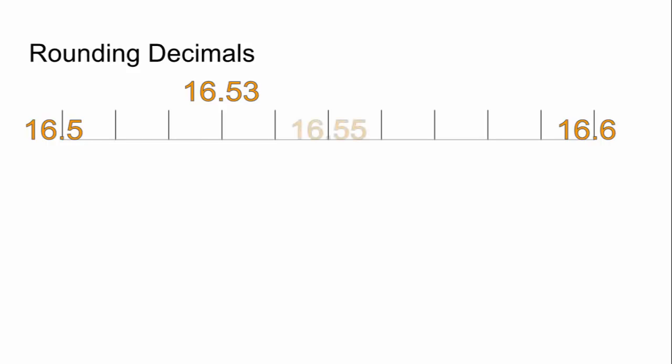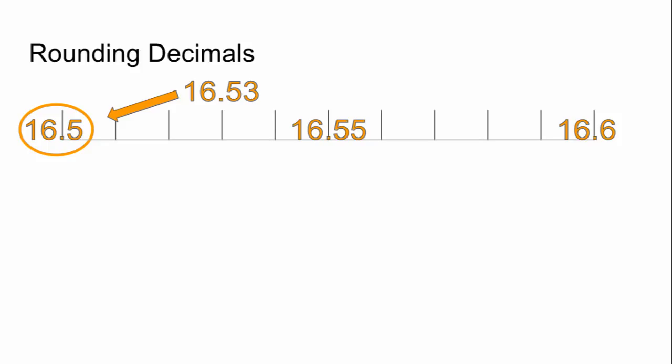And then right in the middle, we're going to put 16 and 55 hundredths because that's the number that's right in the middle of 16 and 5 tenths and 16 and 6 tenths. So we want to look at our number, 16 and 53 hundredths, and see what it's closer to. If you are looking very carefully, you can notice that 16 and 53 hundredths is closer to 16 and 5 tenths. Therefore, it rounds down to 16 and 5 tenths.